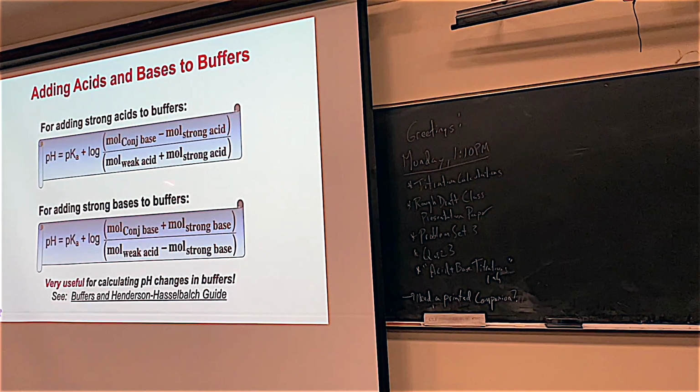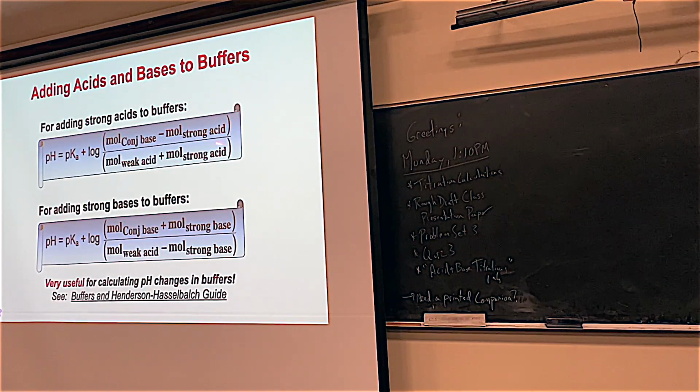pH equals pK plus log. It's always base over acid, and you always want to figure out how much base is left over and how much acid is left over. So if you have a strong acid, it attacks the base, so the base amount will go down. But as much as the base is used up, that conjugate base makes more weak acid.